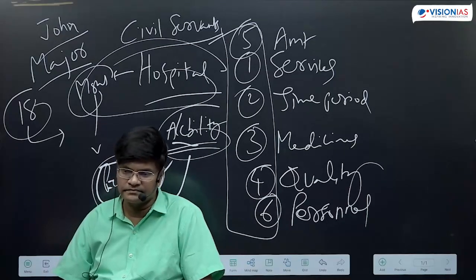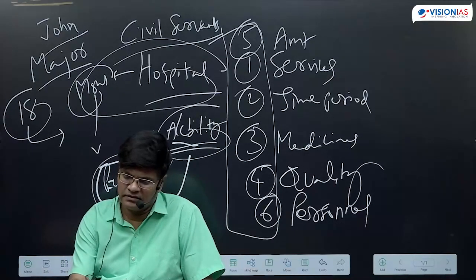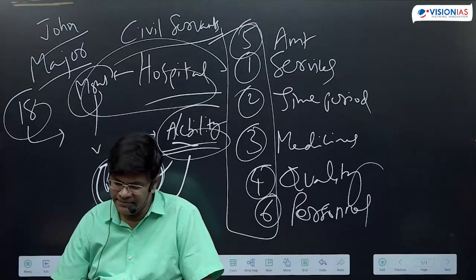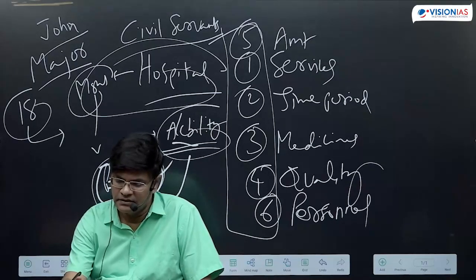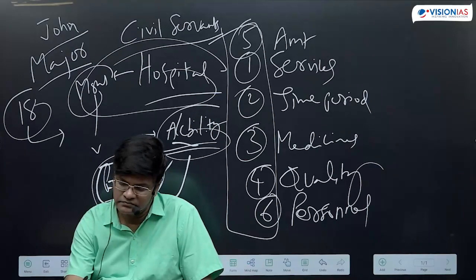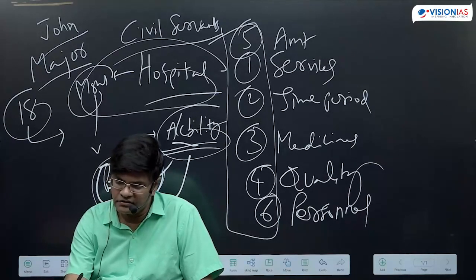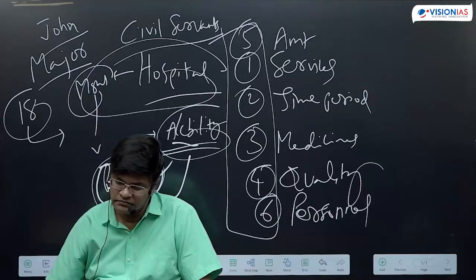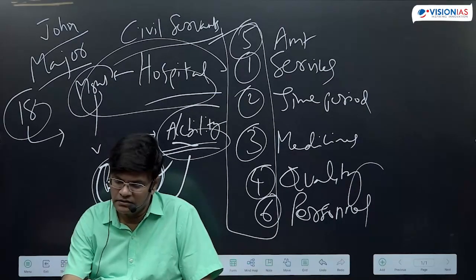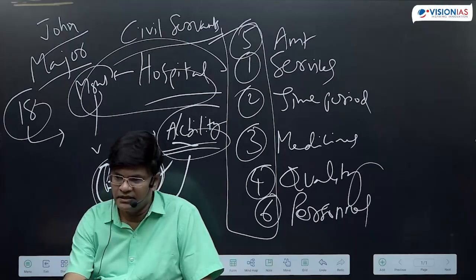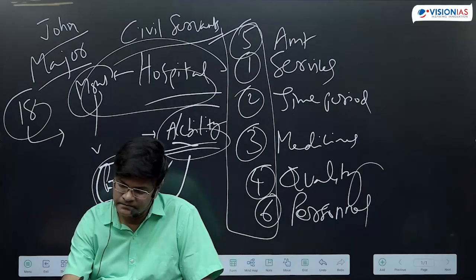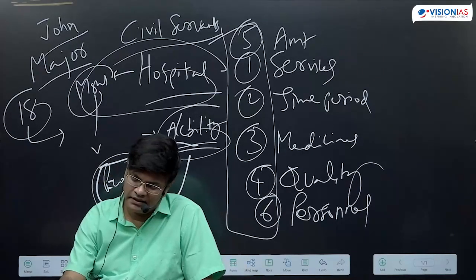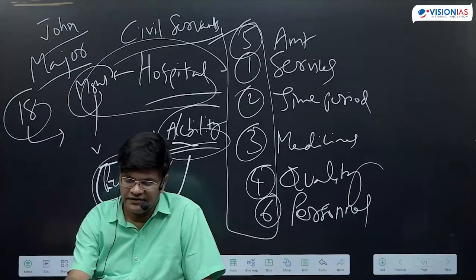Bureaucracy was forced to improve its efficiency and also to make itself accountable to citizens in service delivery mechanisms.